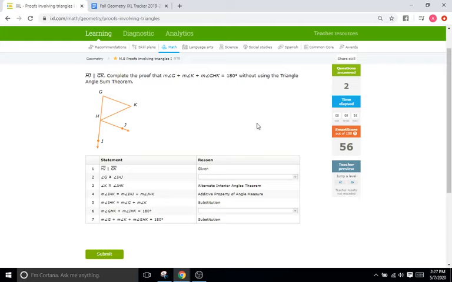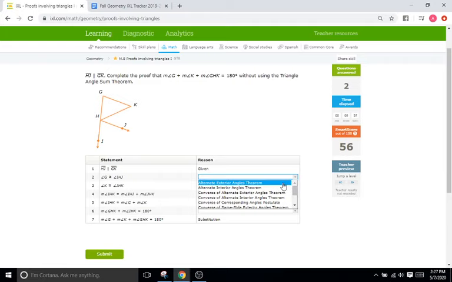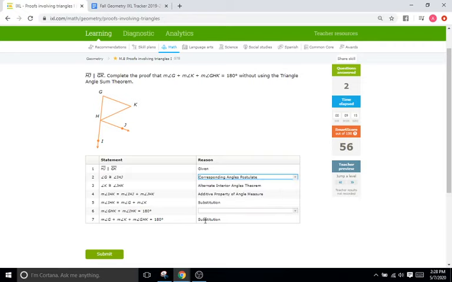So that is definitely a solution here. Let me see if they have that. Alternate exterior, no. Alternate interior angles, I don't think so. Converse, I don't think it's a converse of anything. Corresponding angles postulate. Same side exterior, same side interior angle. So we're going to go with corresponding like we were saying.